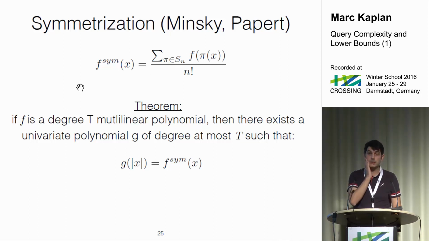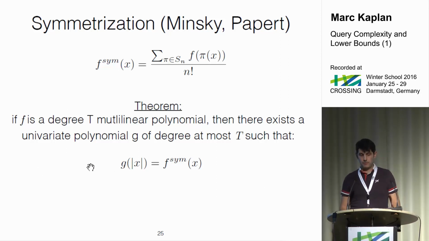This is called a symmetrized F. The theorem proven by Minsky and Papert is that when you do that, you can in fact represent this as a univariate polynomial, which has the same degree as the original polynomial F. And the variable of the univariate polynomial is the so-called Hamming weight of x, which is just the number of ones in the bits of x.